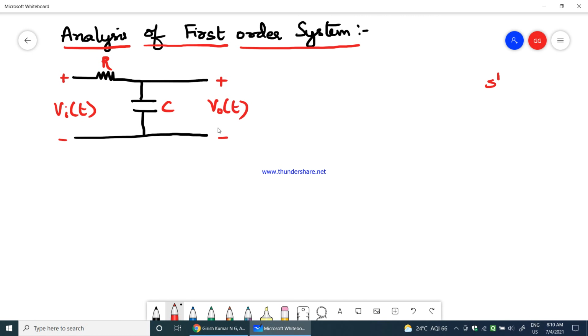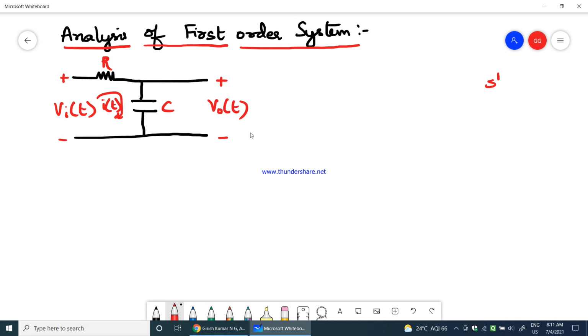The current would be i of t. This is a simple electronic circuit which comes under a first order system.